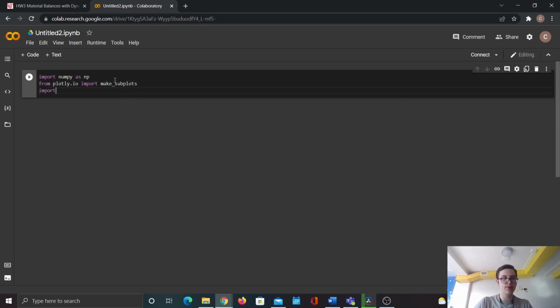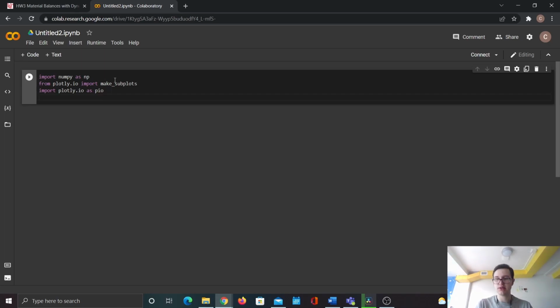We also want to import plotly.io as pio. We want to make a default dark template so we don't hurt our eyes. So that is pio.templates.default is equal to plotly dark.